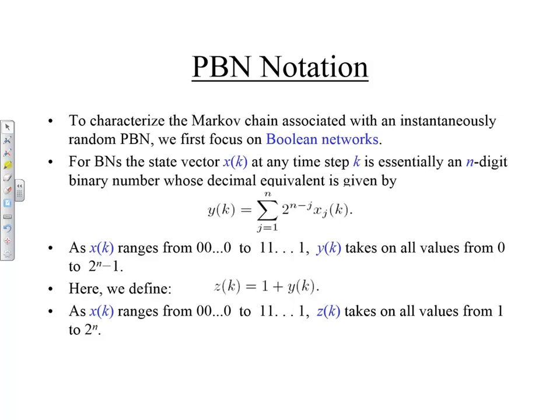Instead of working with these binary numbers, you could replace them by the decimal equivalent because it's a one-to-one map. Nothing changes. To do that, corresponding to each pattern, you calculate the corresponding decimal number and add 1 to it, because you don't want it to go from 0 to 2 to the power of n minus 1. You want it to go from 1 to 2 to the power of n. So as xk ranges from all zeros to all ones, zk takes on all values from 1 to 2 to the power of n.